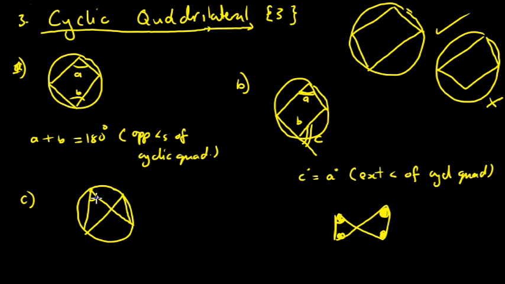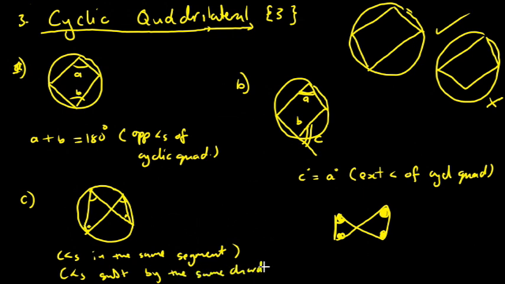The angle up here is equal to the angle up here. The angle down here, they should be meeting. The angle down here is equal to the angle down here. The reason is because they are angles in the same segment, or they are angles subtended by the same chord.